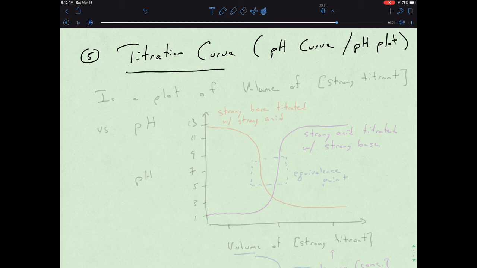And all a titration curve is, is a plot of volume of strong titrant versus pH.